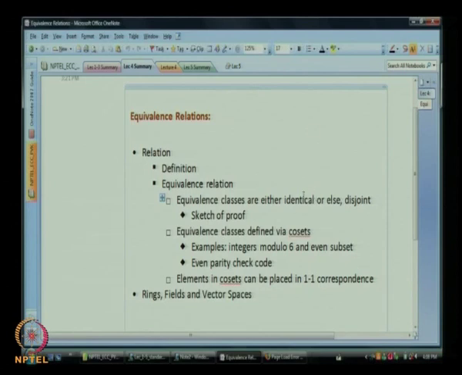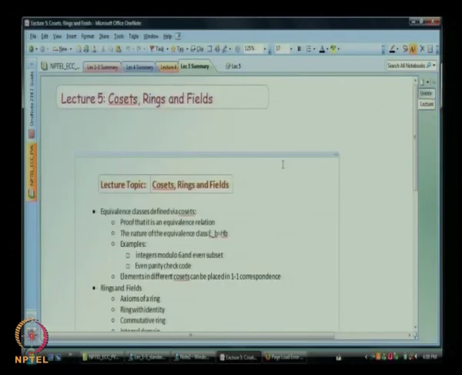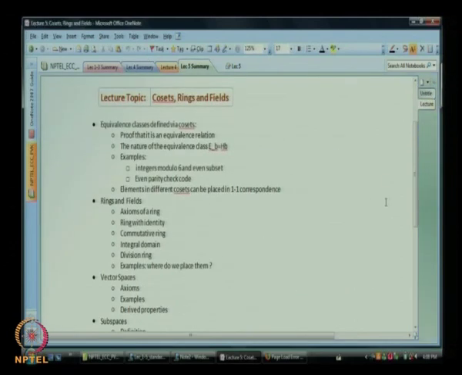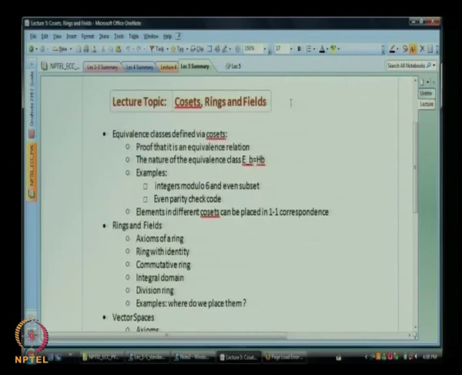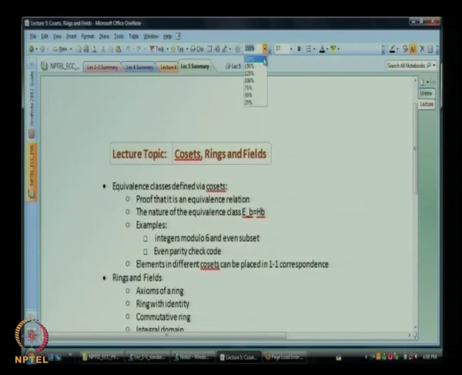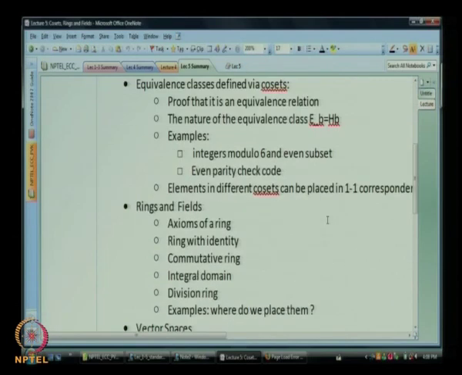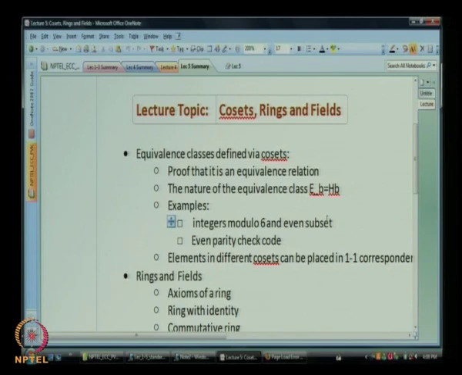Okay, so now having done this, let me also tell you what our plan for the day is. Our plan for the day is to talk about cosets, rings and fields.